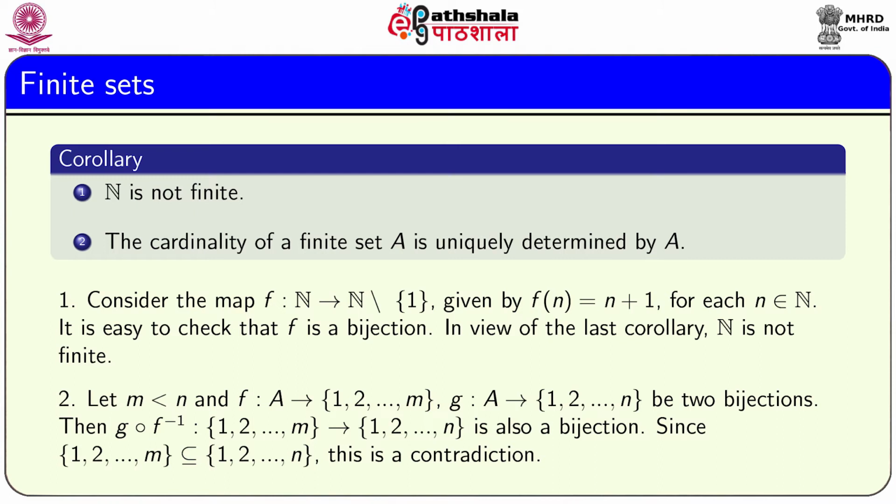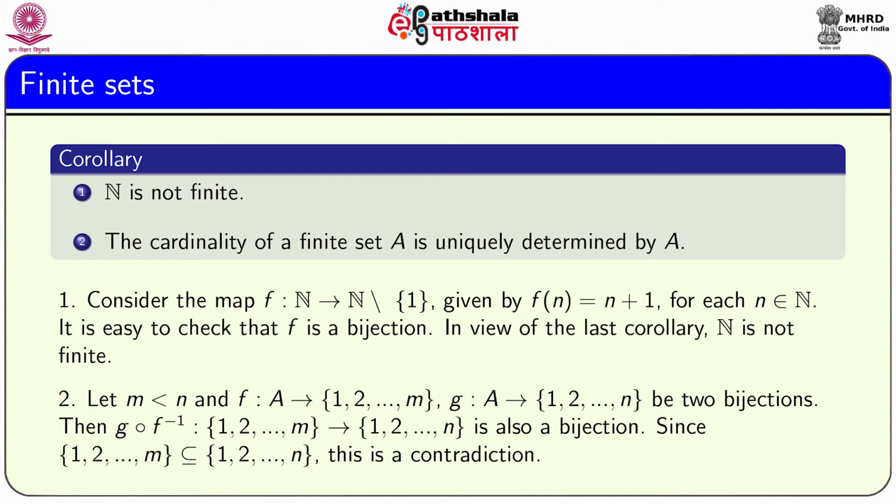Why is the set of natural numbers not finite? Because we can get a bijection from N onto a proper subset of N as described here.